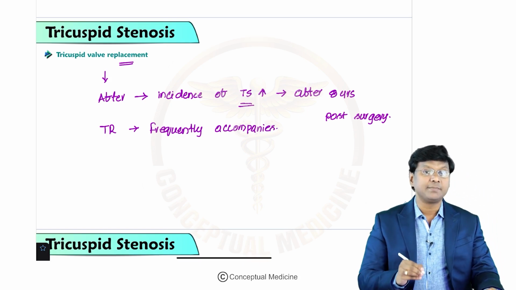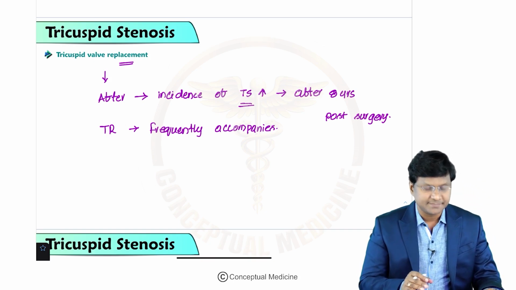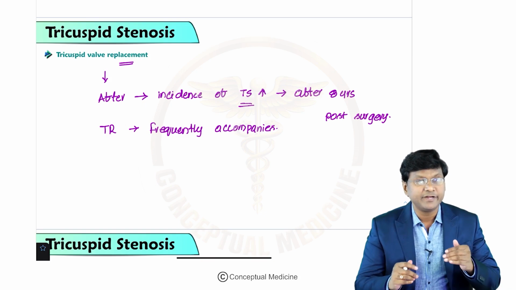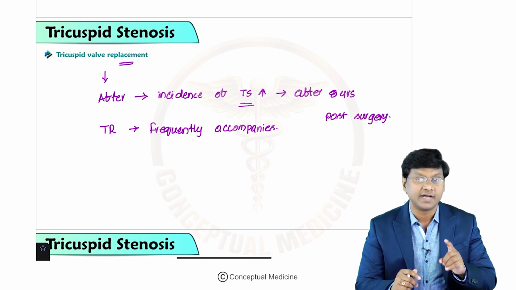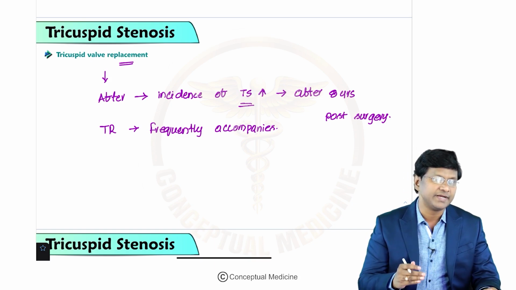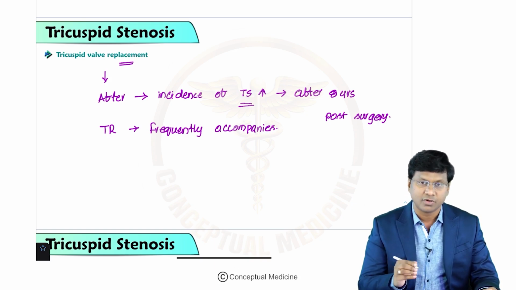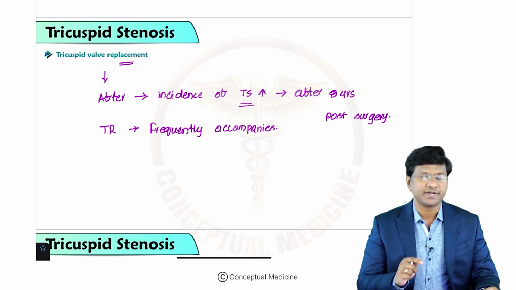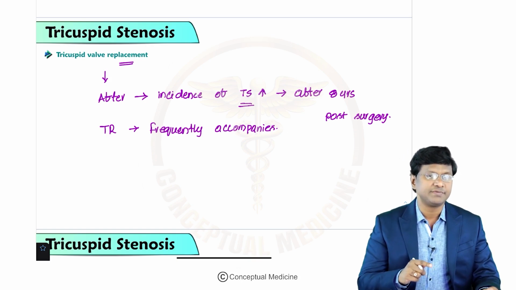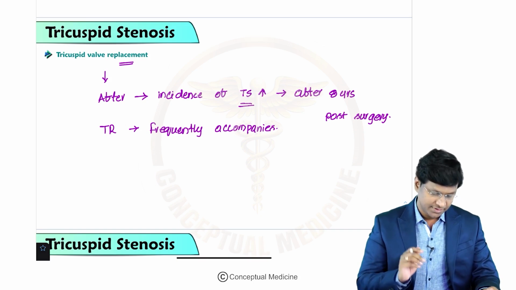Another important point is that the development of tricuspid stenosis should be suspected when right heart failure appears in the course of mitral valve disease or in the post-operative period after tricuspid valve repair or replacement. So the incidence of tricuspid stenosis after tricuspid valve replacement increases considerably after 8 years post-surgery.